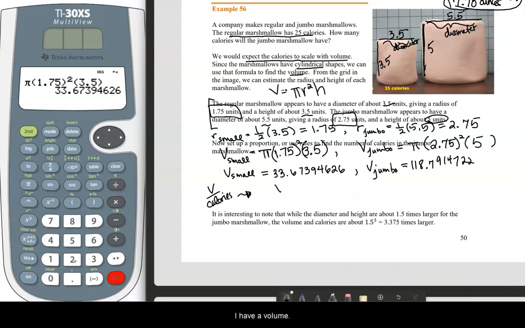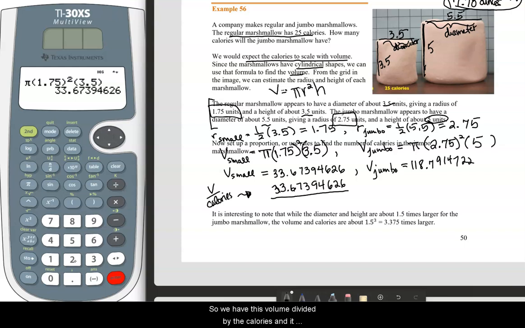I have a volume of 33 and a bunch of decimals. Do not round until the very end. If you had worked this with the pi not being a decimal, but as that symbol on your screen, then you would have a slightly neater looking volume, but it's going to work out to the same answer. So I'll just leave all these decimals.